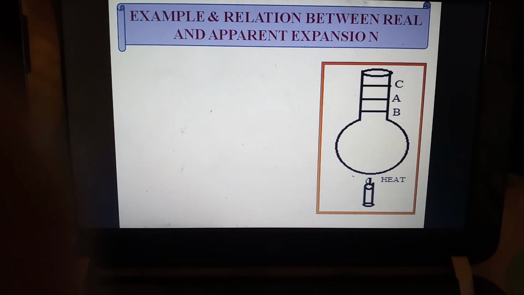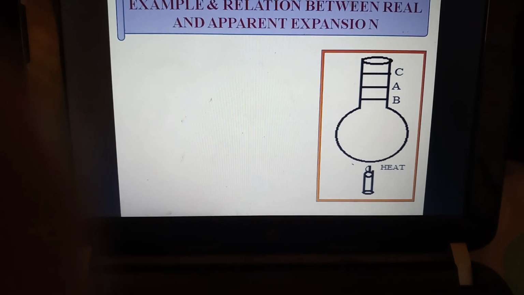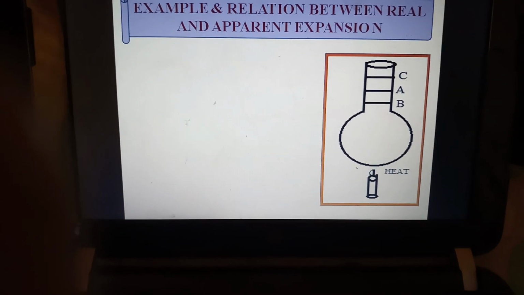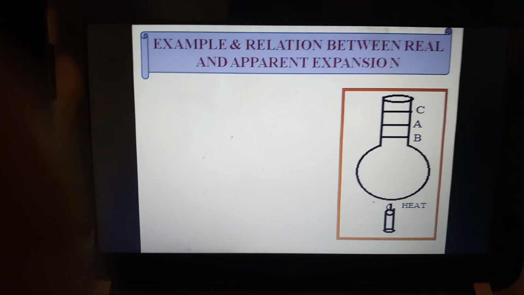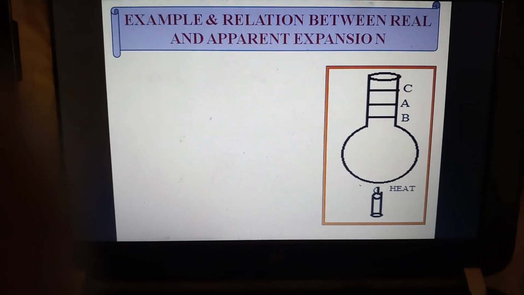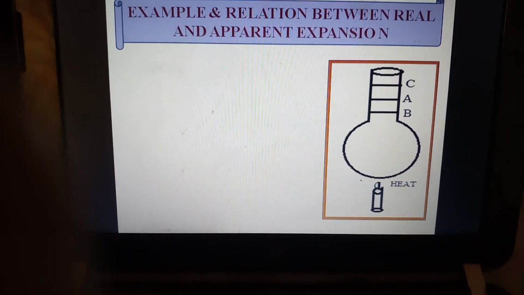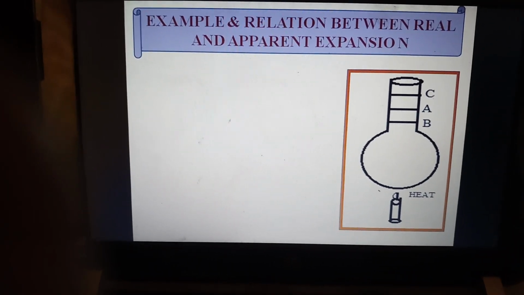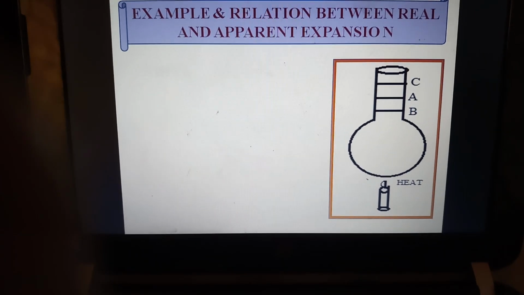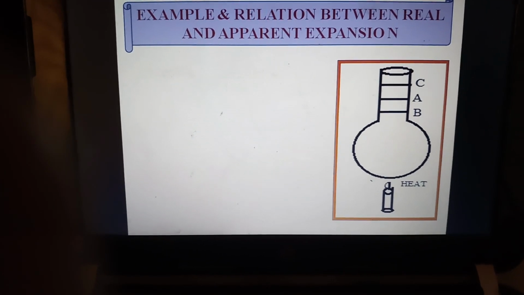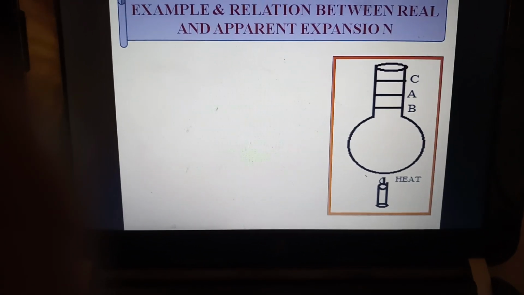So the level of water reduces and it is marked as B, and then after some time the liquid will also expand, and the whole liquid will expand up to the mark C.